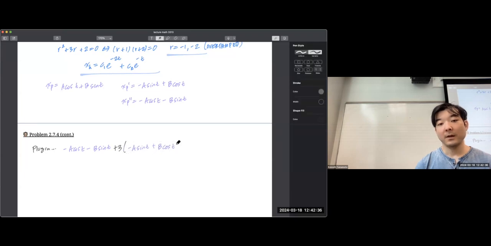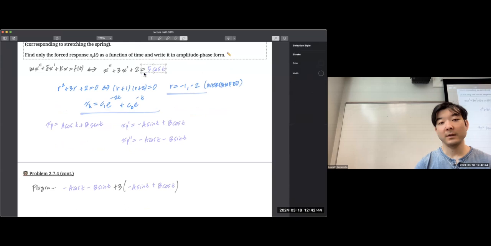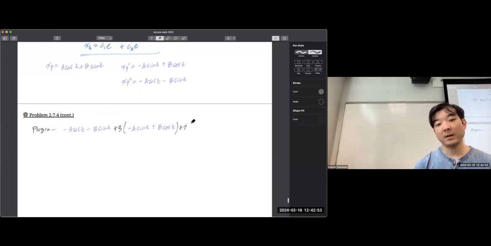And then you're going to add to this plus, I forgot to put an x right here, sorry. This is x double prime, and then it's k times x, 2 times x. So it'll be 2 times the a cosine of t plus b sine of t. And this has to all equal 5 cosine of t.